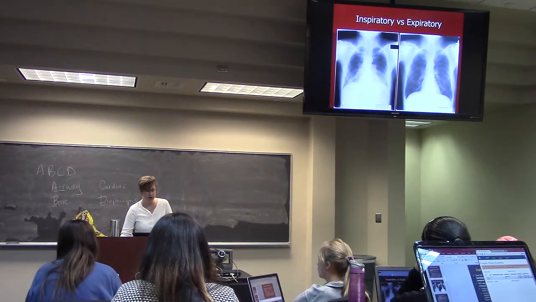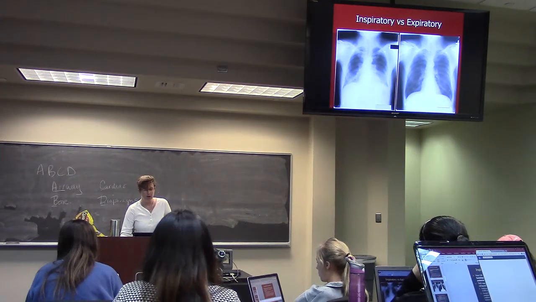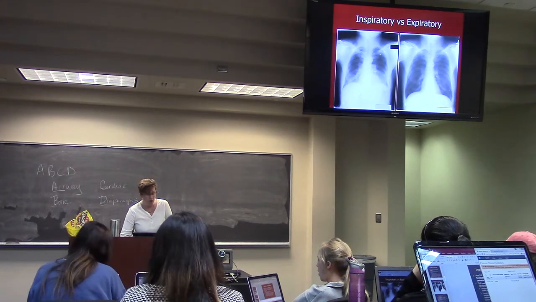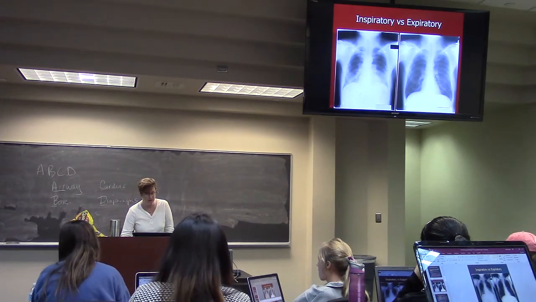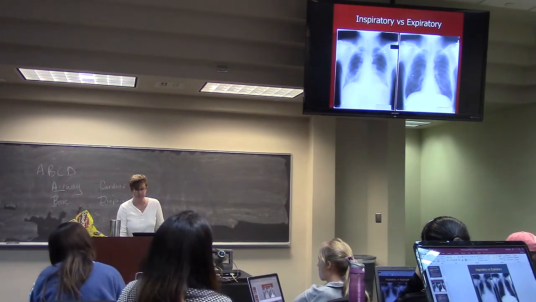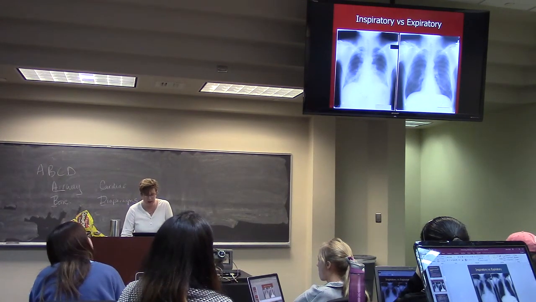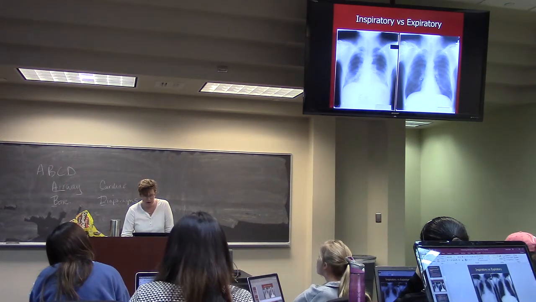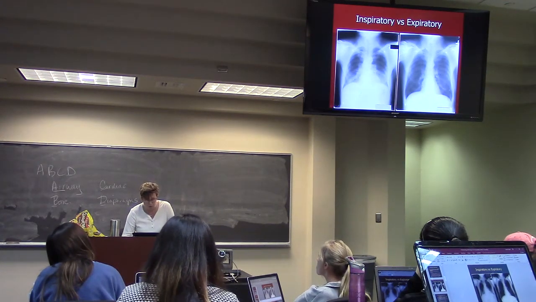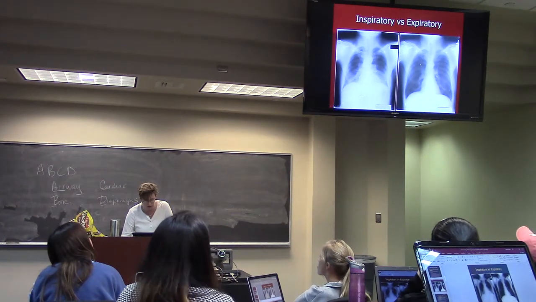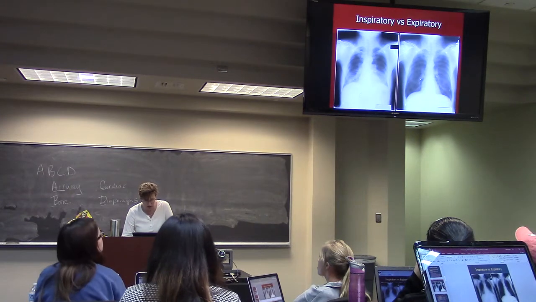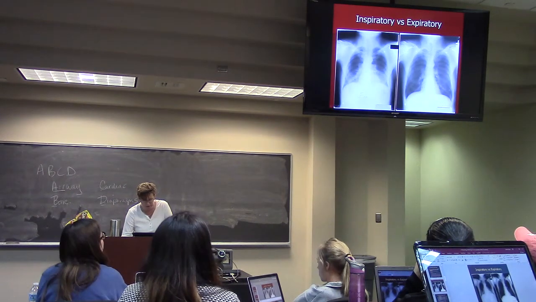Okay? So here's an inspiratory of the same person and an expiratory. So I can't see 10 ribs here, okay? But I can see 10 here. So 1, 2, 3, 4, 5, 6, 8, 9, and that's the 10th rib right there.